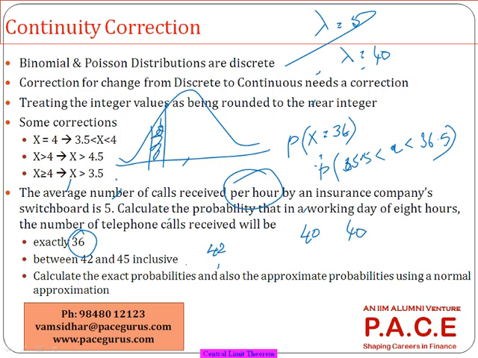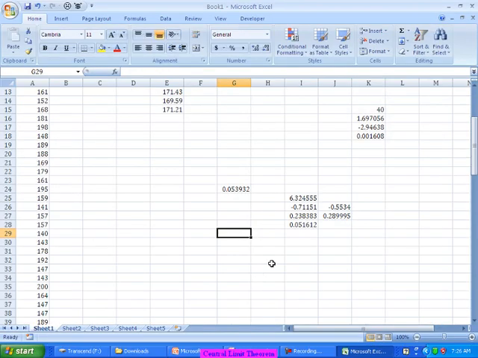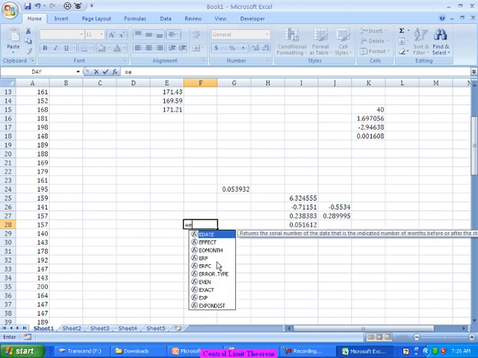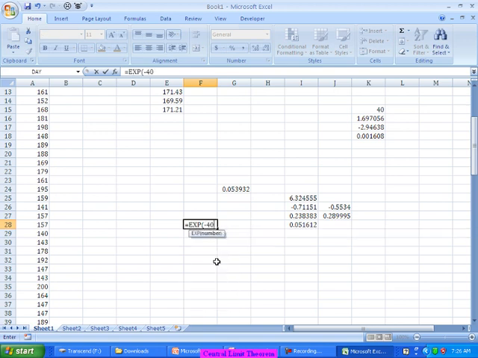You have to find four of them and then add up. So the probability of x equal to 42 is e power minus 40 into lambda power x, 40 power 42, divided by 42 factorial. Now the same thing I have to do for 43, 44, 45.